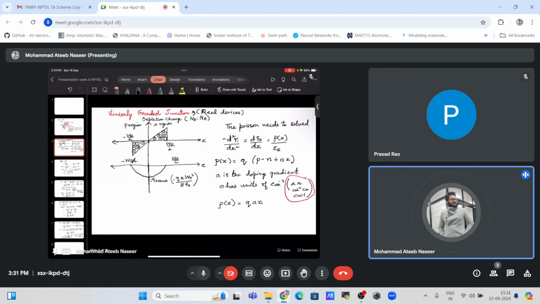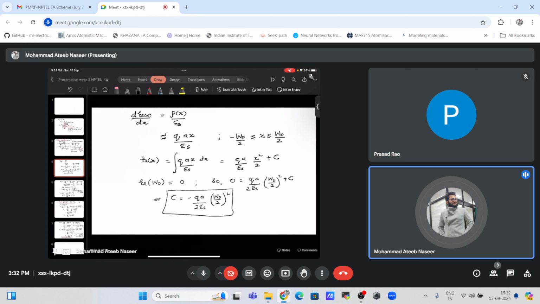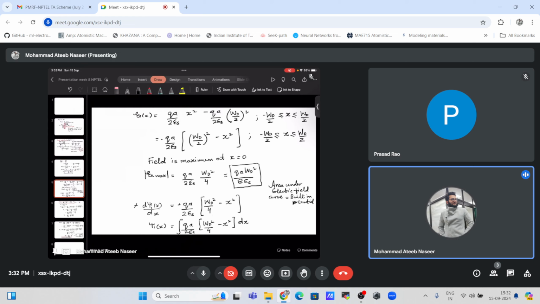From this we were able to solve the Poisson equation for this linear profile, and we looked at how we can obtain the electric field, and the electric field came out to be a square function of the distance. We looked into the maximum electric field, and its value was proportional to the square of the depletion width, that was qA WD square by 8 times epsilon s.